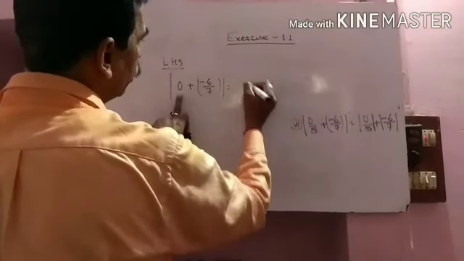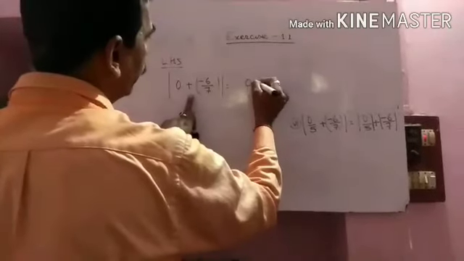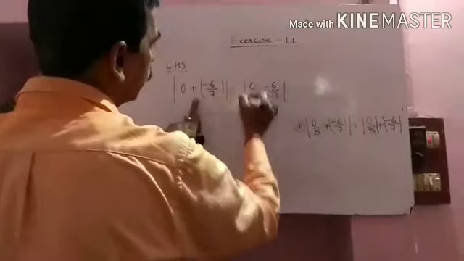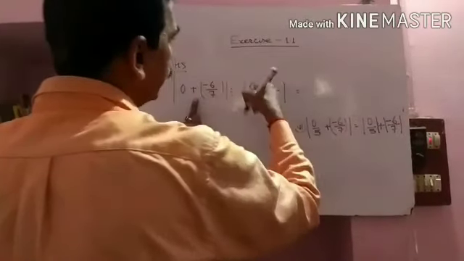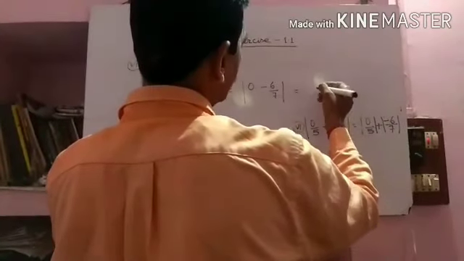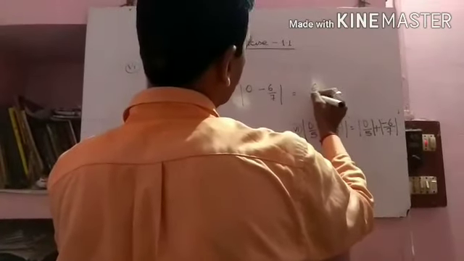After removing this bracket, it becomes minus 6 by 7. So finally 0 minus 6 by 7 remains.